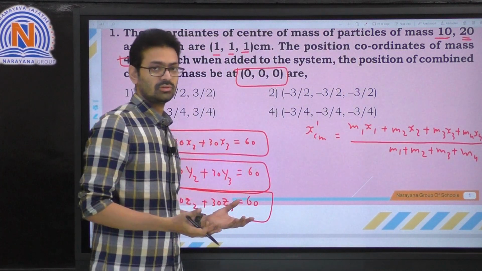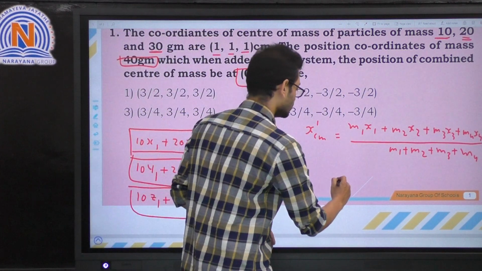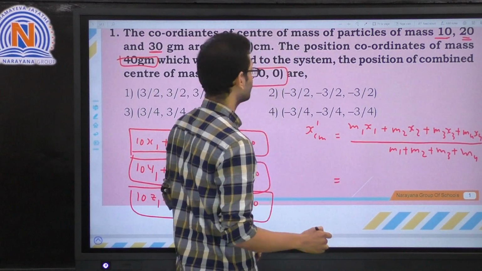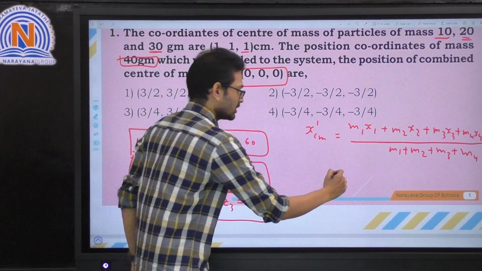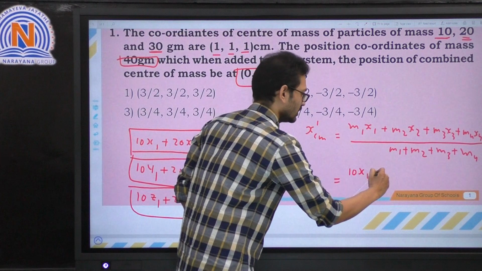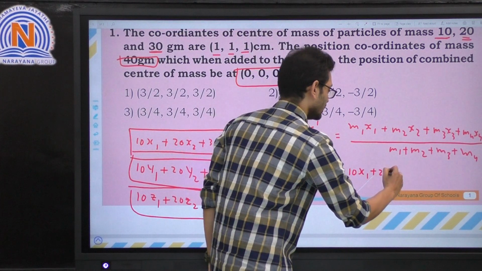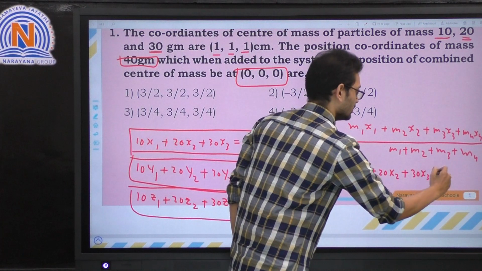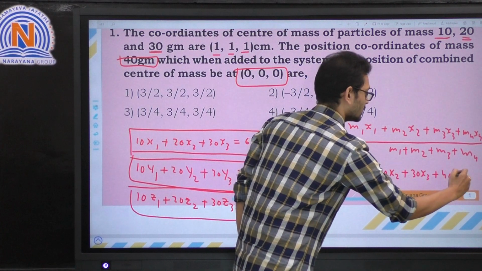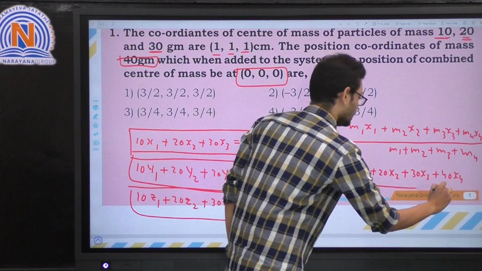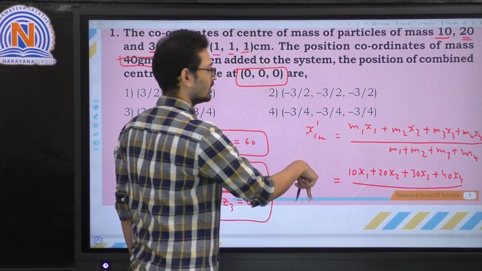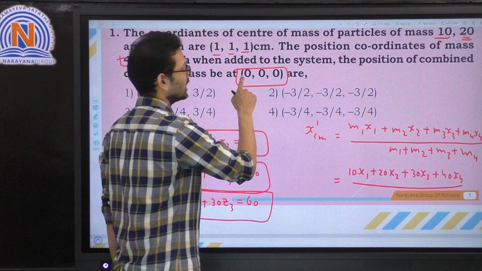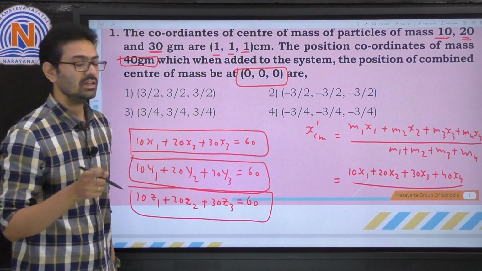Substituting the values, with m1 as 10, we get 10x1 plus 20x2 plus 30x3 plus 40x4 by 10, 20, 30 and 40.